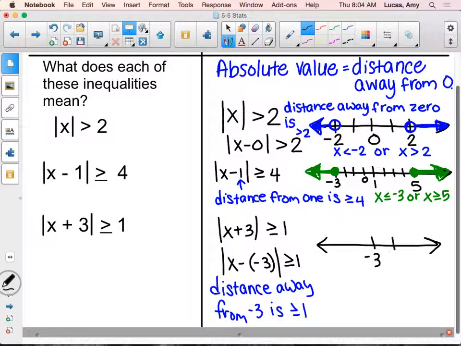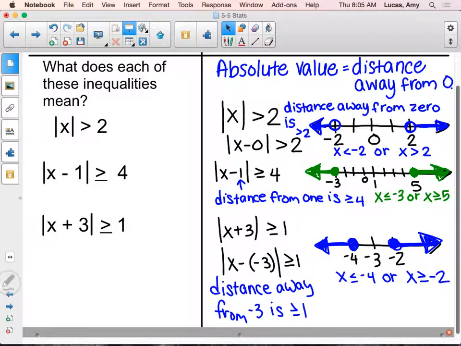If I move 1 away, to the right is -2, to the left is -4. So greater than or equal to 1 away, so I need closed circles, going further away on my -2 and my -4. So 2 rays again. x is less than or equal to -4, or x is greater than or equal to -2.